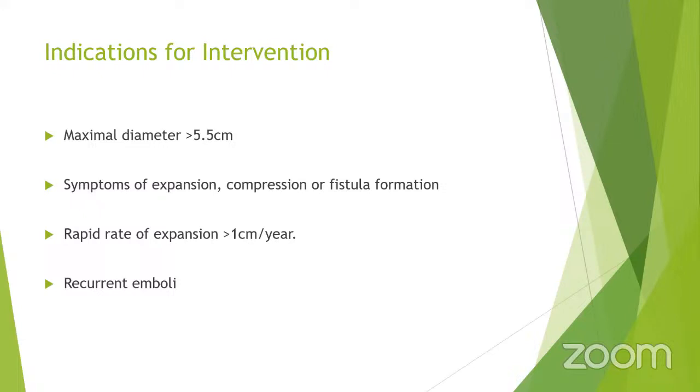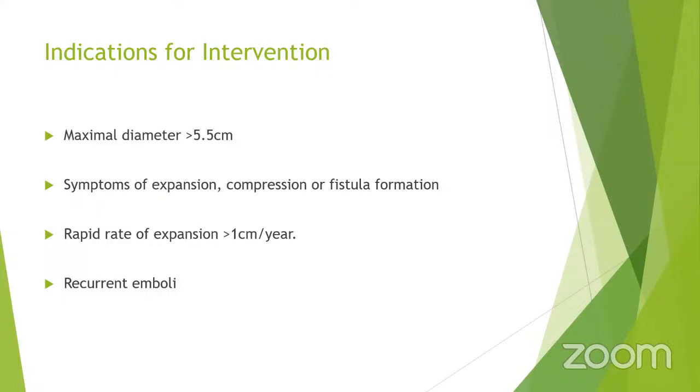Surgically untreated thoracic aortic aneurysms carry the risk of rupture, dissection, and death. Therefore, when talking about the indications for intervention, the first indication is the expansion of thoracic aneurysms, which occurs at a faster rate in larger aneurysms. The expansion can occur at a rate of 0.2 centimeter per year in aneurysms that are less than 5 centimeters, compared to 0.8 centimeter per year in aneurysms that are more than 5 centimeters, as per the Laplace law.